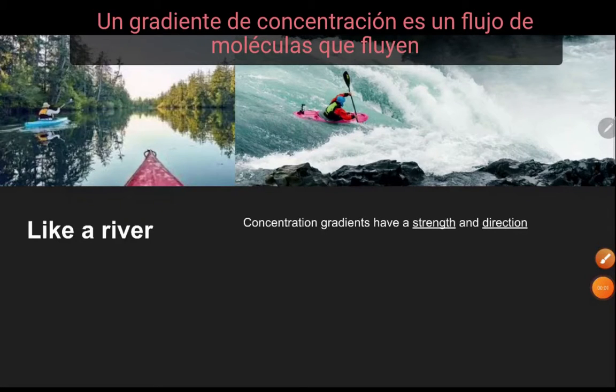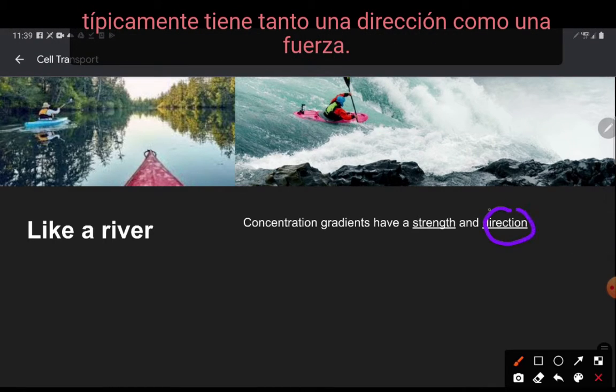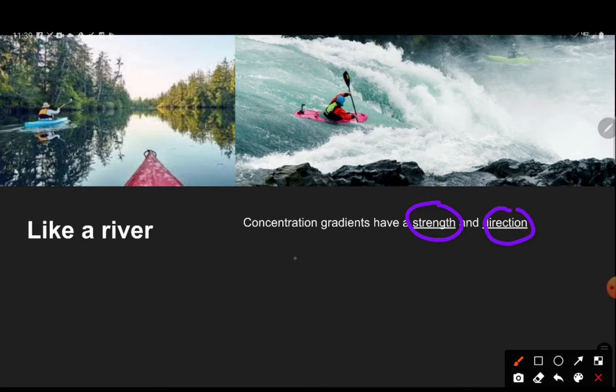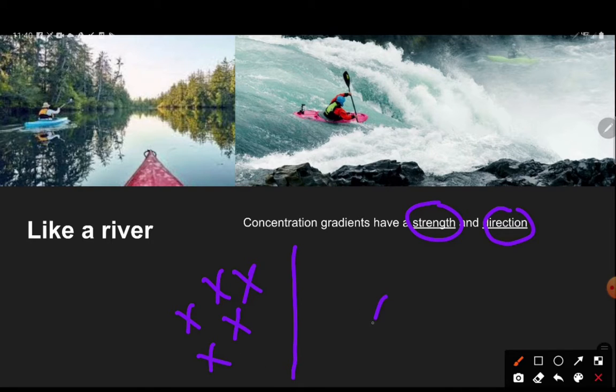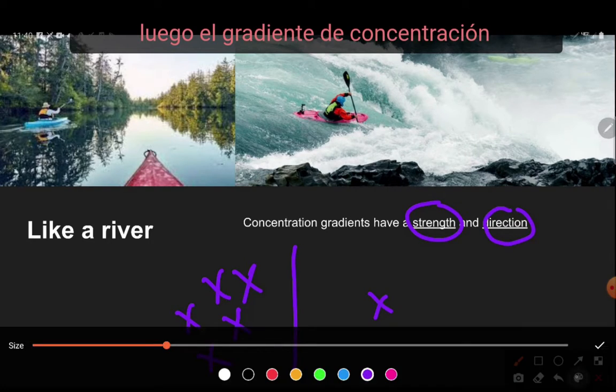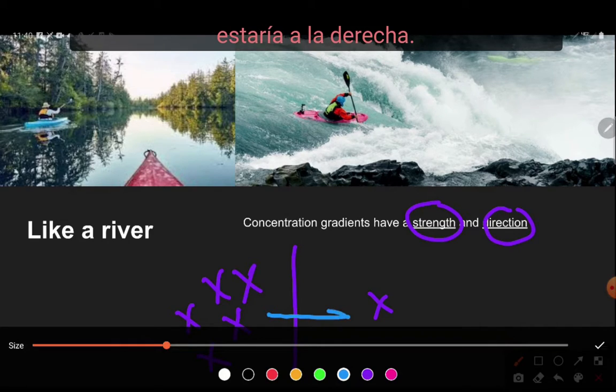A concentration gradient is a flow of molecules. That flow typically has both a direction and a strength. If this is a membrane, and these X's are molecules, then the concentration gradient would be to the right.